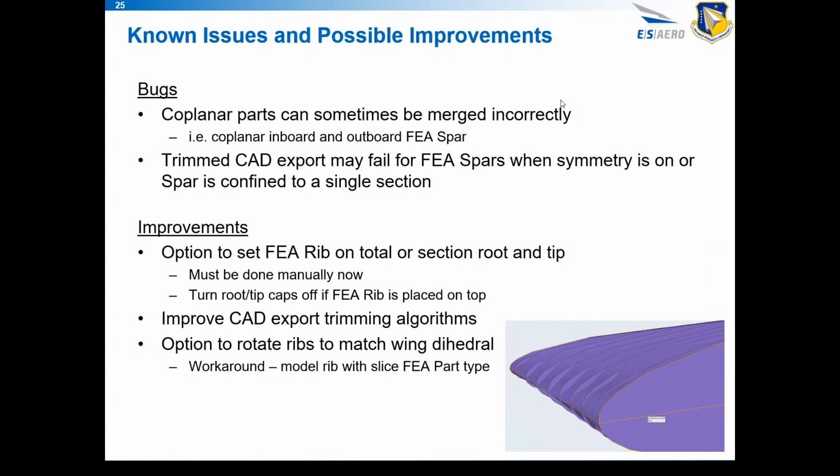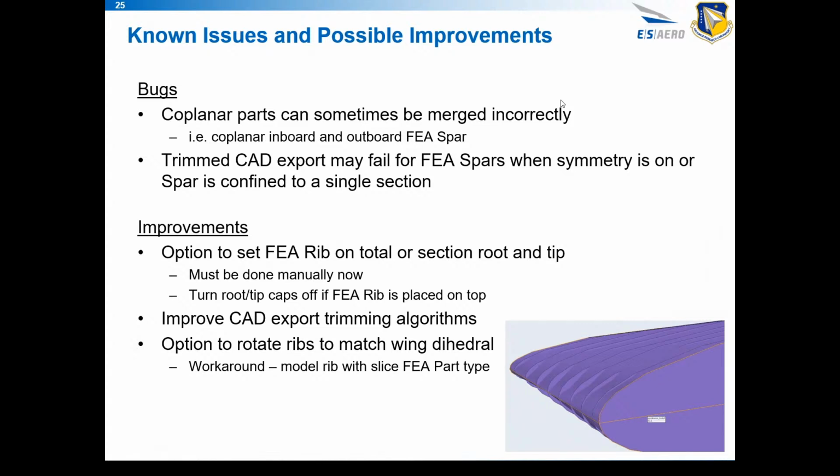But the problem is if you have something like a spar that you have limited to your inboard section and your outboard section, but they're still on the same plane, it will try to merge those, and it'll turn them into a single FEA part instead of having one just for the inboard section and another one for the outboard section. So that's something to be aware of.